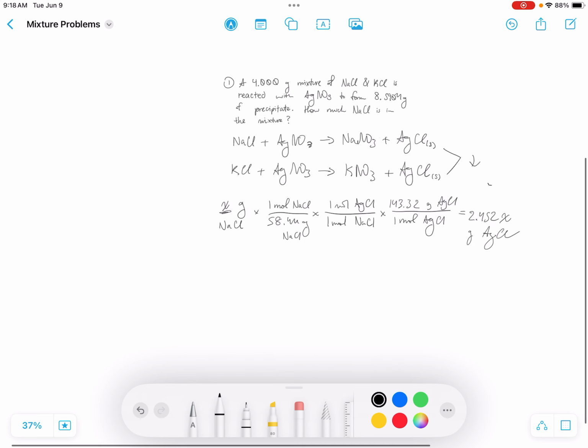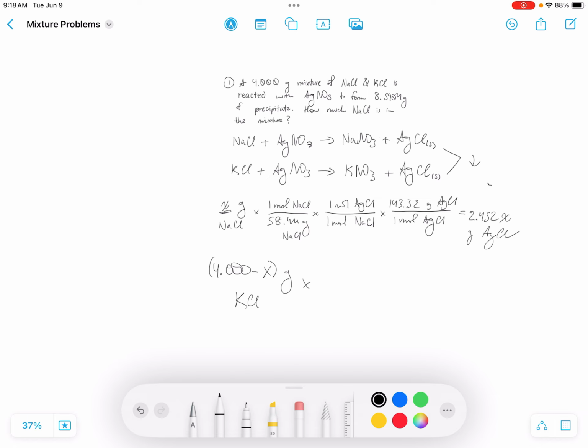Cool. So let's do the same treatment with KCl. Well, we've already used x, and we know we have x grams of NaCl in this mixture, and it's a 4-gram mixture. So if we have x grams of NaCl and 4 grams of mixture, it reasons that 4 minus x grams of KCl must be left over in this mixture.